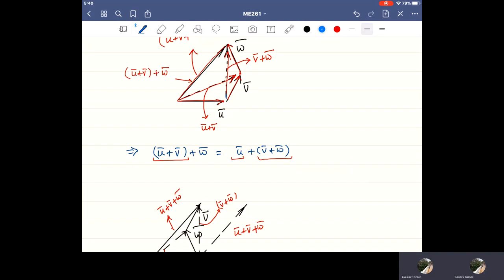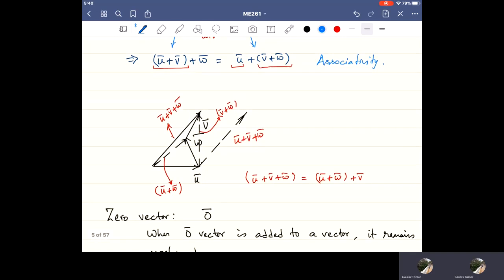Using a different color here, this is V plus W, and this is U, and then you add them together to get U plus V plus W. What we have done here is this, and what we did earlier is here, correct? And they're equivalent, as you can see. So they follow something called associativity, right?